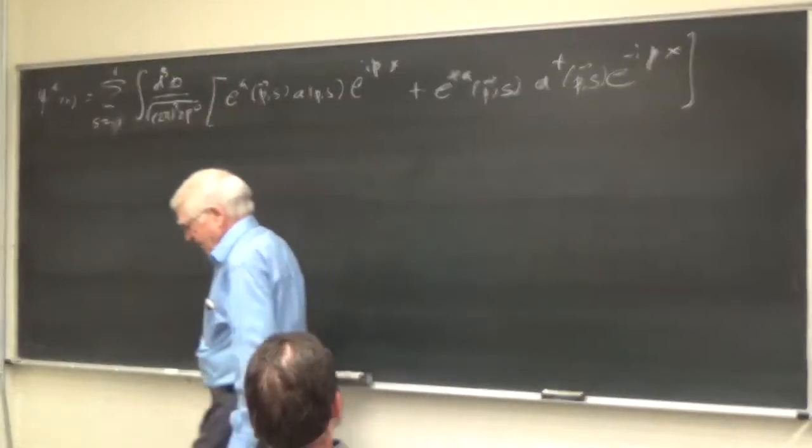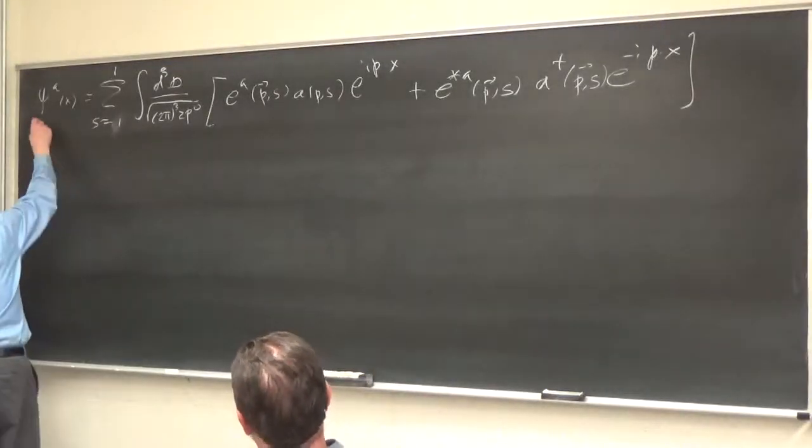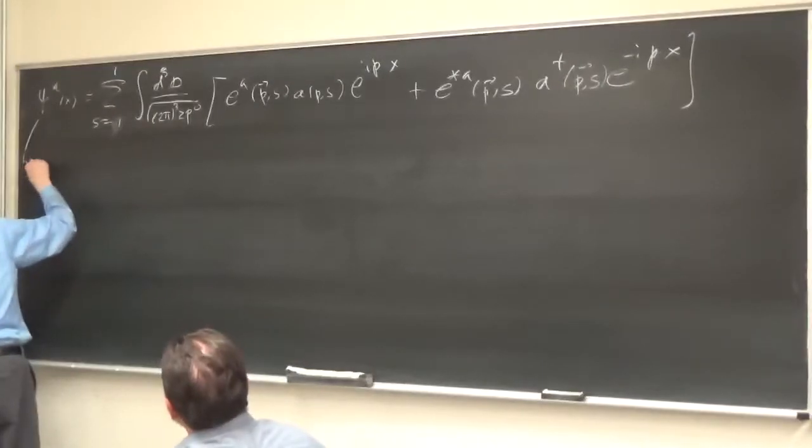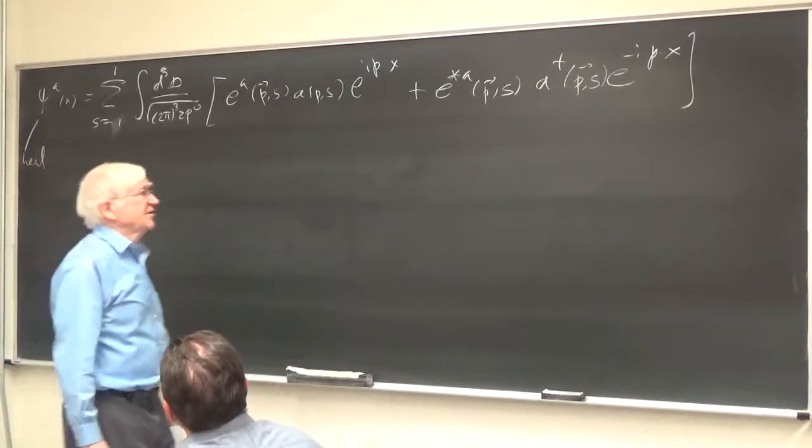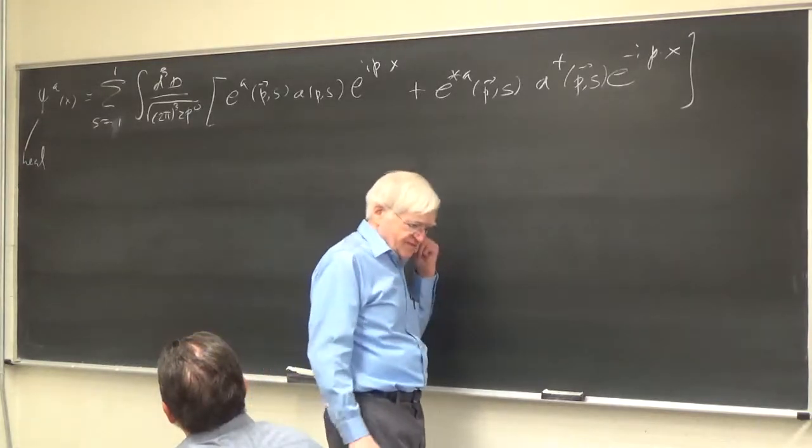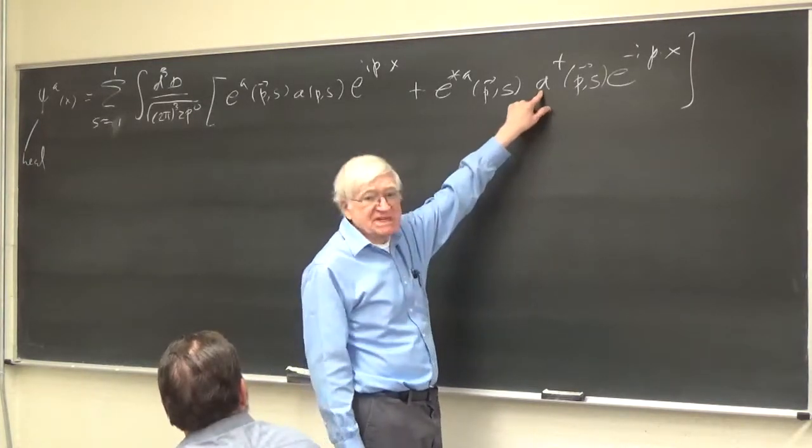Okay, I'm picking the case for a real spin 1 field. If it were a complex spin 1 field, this would be b dagger.